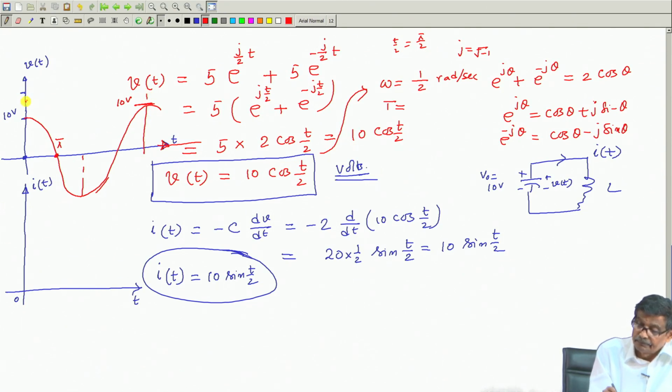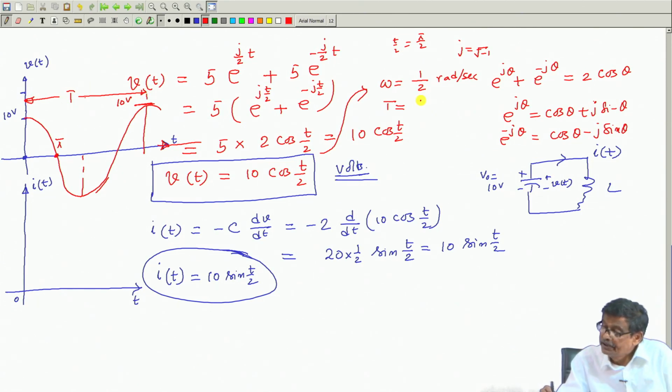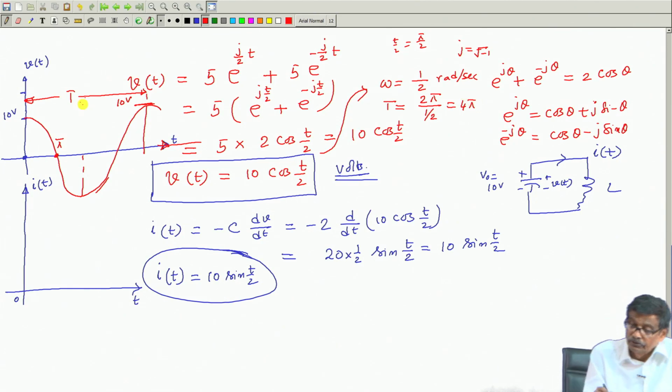That is this time: 2 pi by omega, which is equal to 4 pi in this case. So, this is equal to 4 pi for this problem. Okay, this is the time period that I have got.